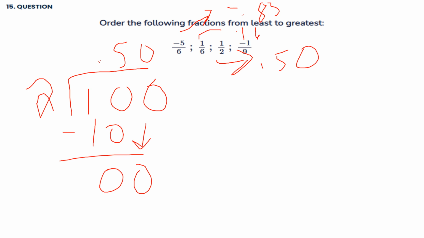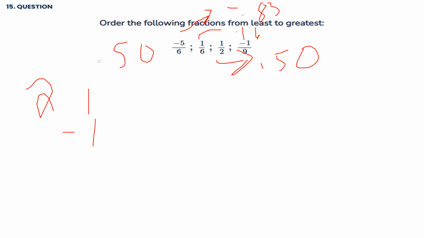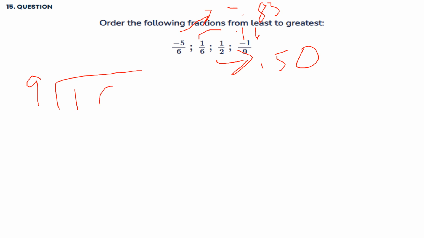All right, and then for the last fraction, we have negative 1 over 9. Again, regardless of what number is largest, the denominator goes on the outside, numerator goes on the inside. 9 can't go into 1. So we add a 0, and when we add that 0, put a decimal point there. So 9 goes into 10 one time. 1 times 9 is 9.